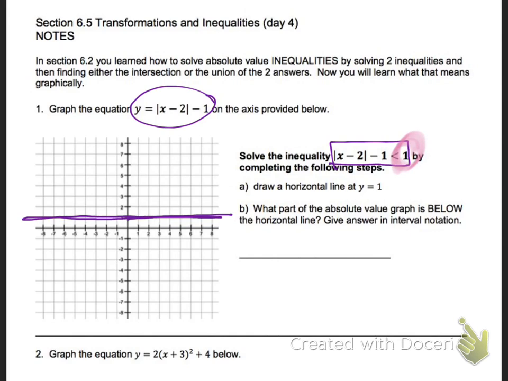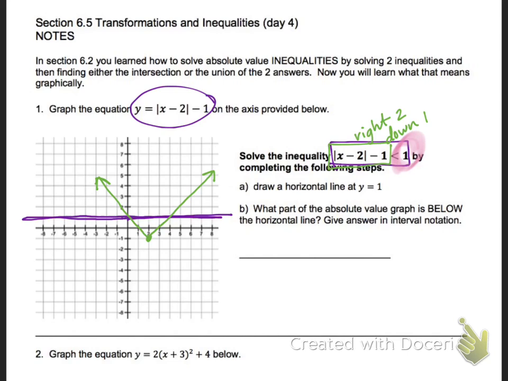Then I'm going to graph the left-hand side. So the transformations: it starts at 0, 0, goes right 2, down 1, with a slope of 1 in both directions.